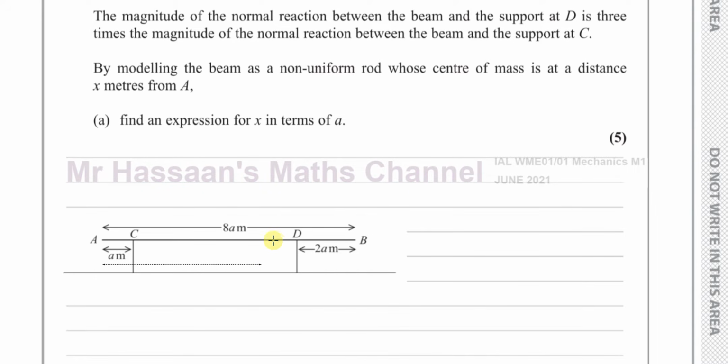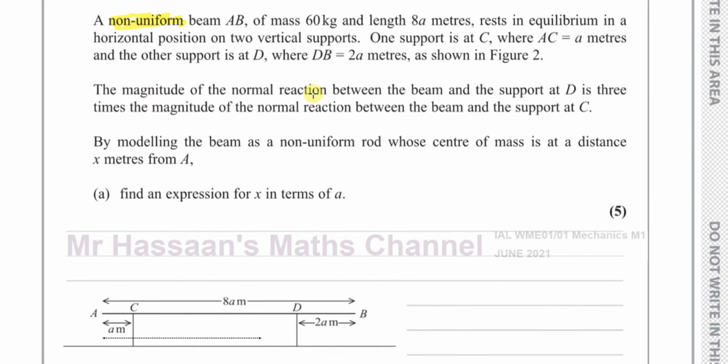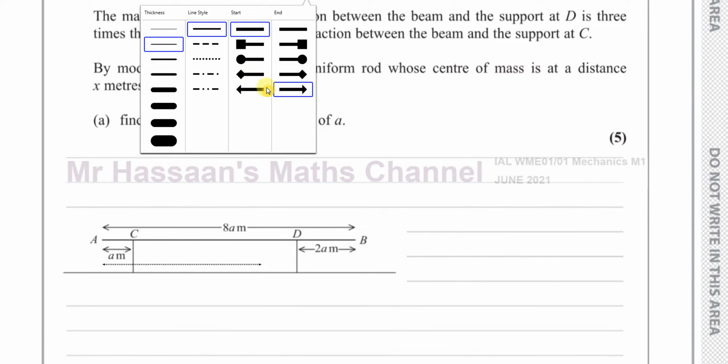The reaction at D is 3 times the reaction at C, so we can assume it's going to be closer to D, although it really doesn't matter if you don't realize that. As long as you draw it between C and D somewhere, you'll be fine, as it's in equilibrium. But it's definitely going to be closer to D. Your maths at the end will show you that, because there's more force on D than C, since the reaction at D is greater.